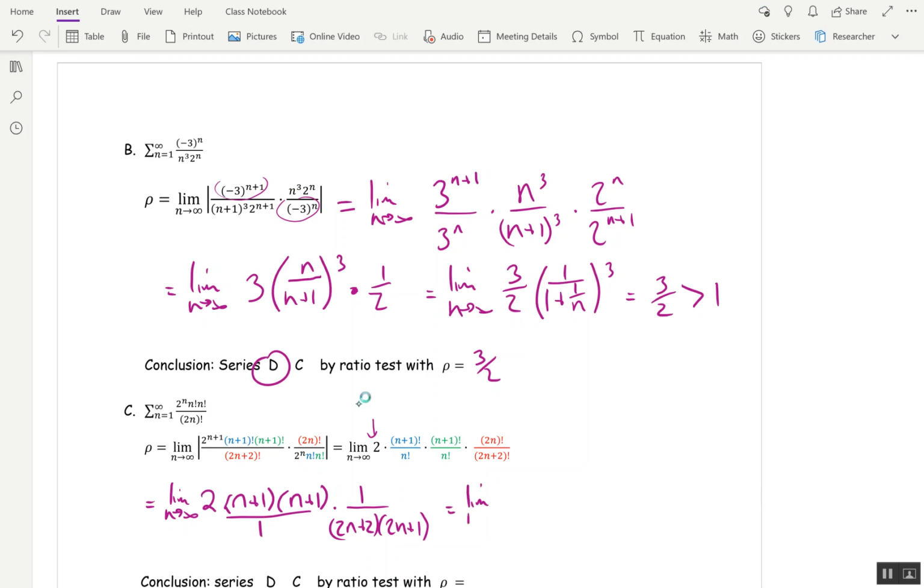So limit as n goes to infinity. If I pull a 2 out of this guy, I can do some cancellation. So on top, I've got 2, n plus 1, n plus 1. And on the bottom, I've got 2, n plus 1, 2n plus 1. So kill, kill, kill, kill. And I have the limit as n goes to infinity of (n plus 1) over (2n plus 1).